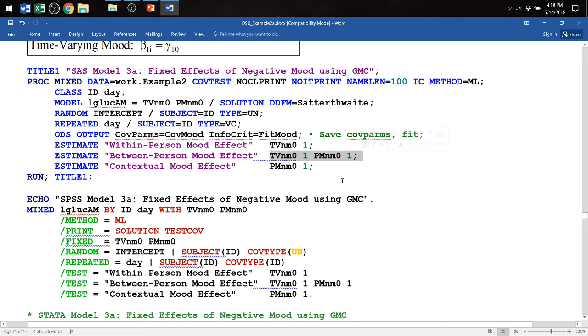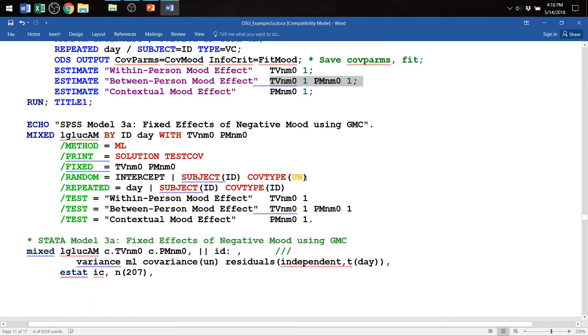Level 2 between minus level 1 within equals level 2 contextual. You can get from one to the other. Let's see if I can say it correctly. Level 1 within plus level 2 contextual equals level 2 between. Level 2 between minus level 1 within equals level 2 contextual.